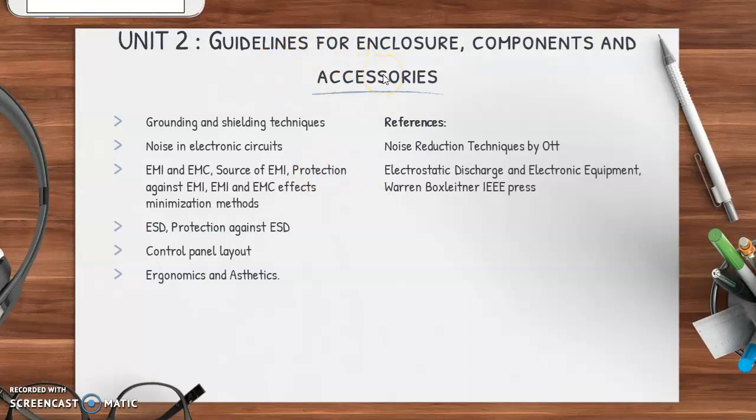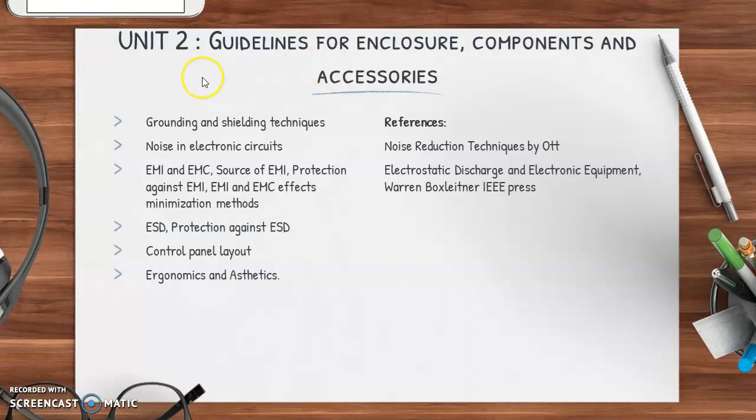So remember, we were talking something about noise reduction techniques. So if you want that the noise produced by your circuit, and the noise which is present surrounding your circuit, should not affect your circuit, then what all measures we need to take, all those measures come under unit number 2.